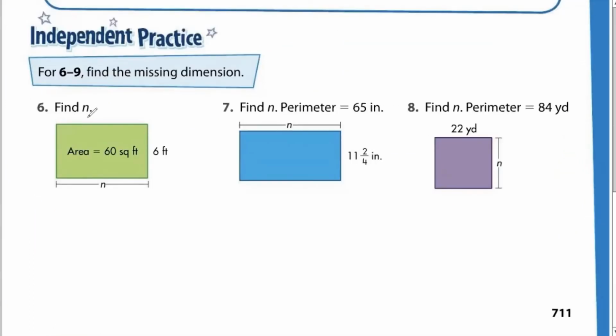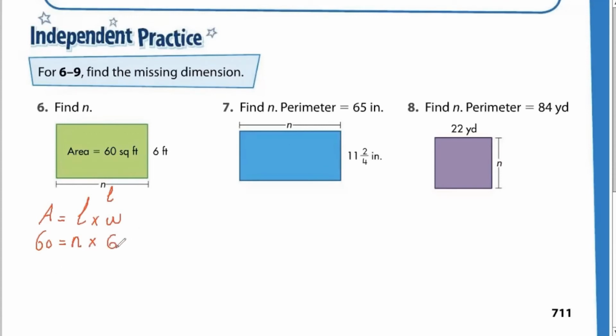Number 6, find n. Here we have n, the long side, so I have to find the length. In this problem, I will use the area to find the unknown length. We know that area equals length times width. Area is 60, and the length, n, times width, 6.